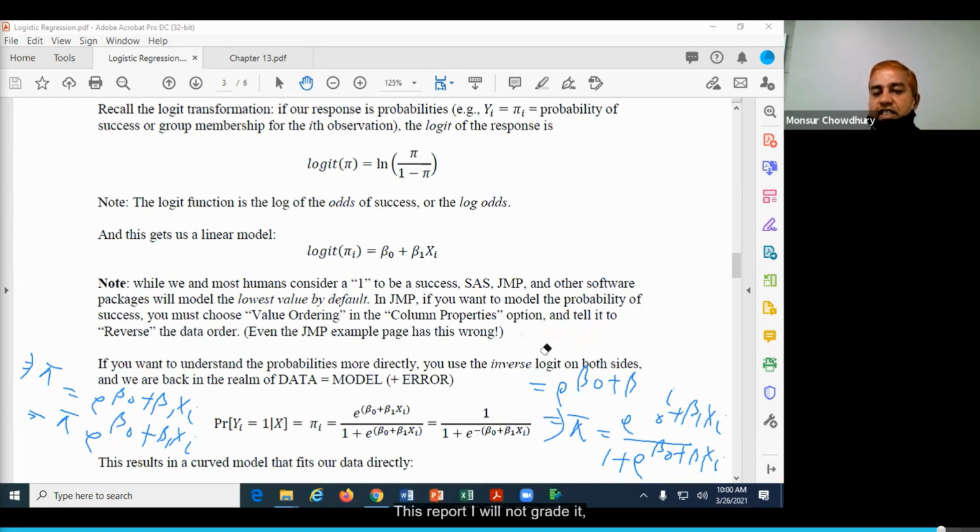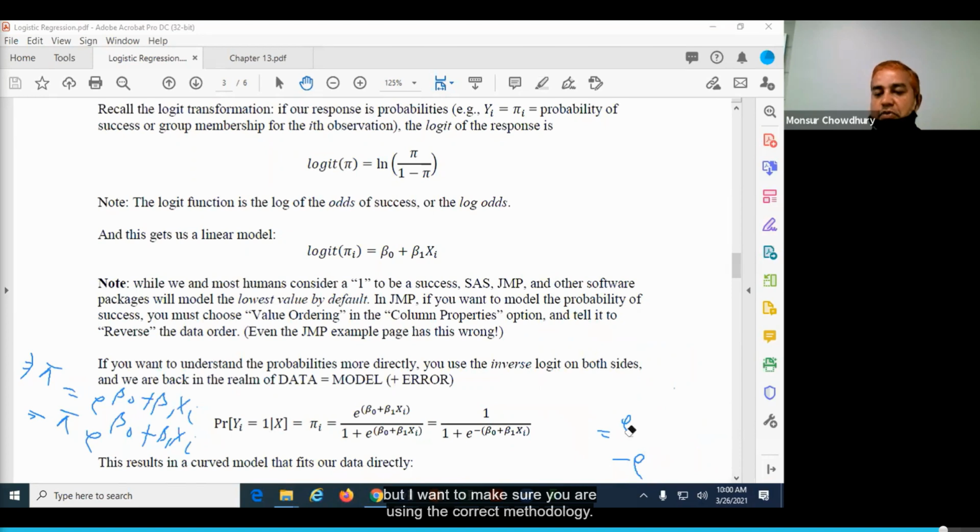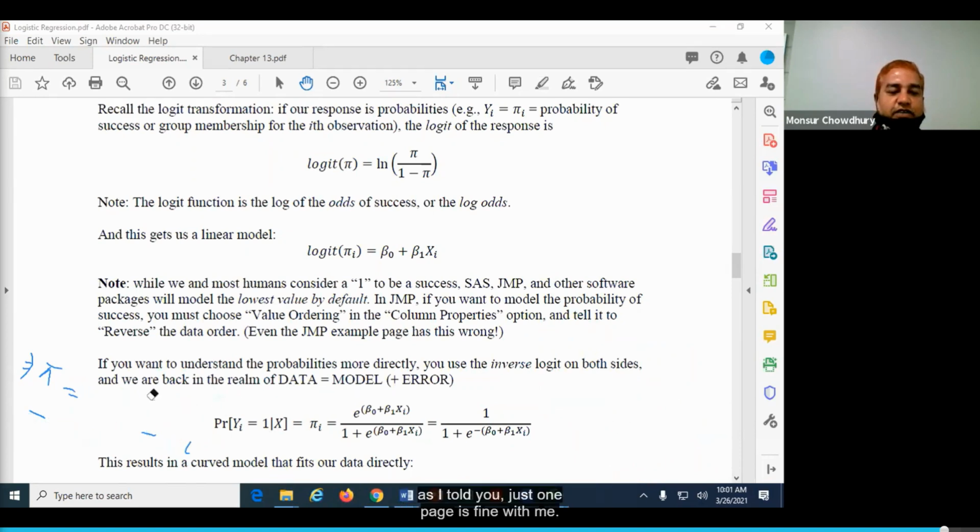This report I will not grade, but I want to make sure you are using the correct methodology. So when you submit this one, as I told you, just one page is fine with me. Just your methodology with the assumptions and why you are considering this. Okay, homework is due a week from today, so it will be, I think, April 5.